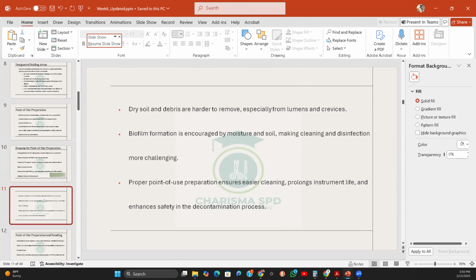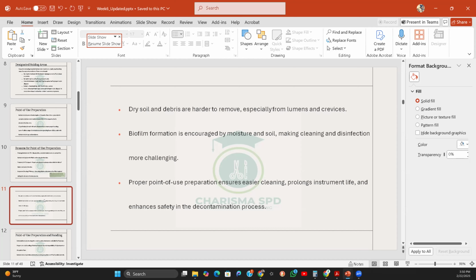Now, it says dry soil and debris are harder to remove, especially from lumens and what? Crevices. Lumens are instruments that have channels, that have holes in them, so suctions, some flexible scopes, and what have you.